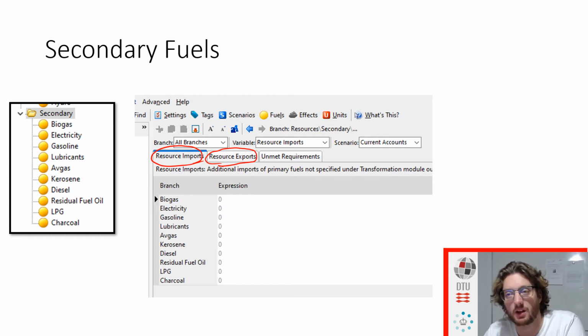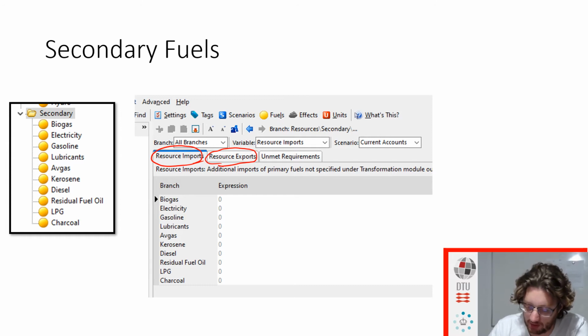So if your country has a fixed import agreement or regular import or export of a certain fuel, you can define that here. But if you wanted imports to be based on demand, or exports to be based on overproduction in your transformation sector, that is not here. This is strictly to force the import and export through before you start doing transformation.